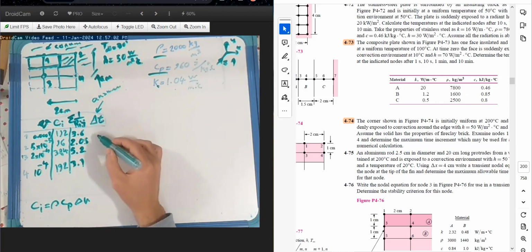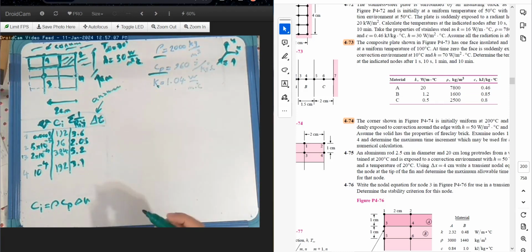I should find the answer between these four numbers: 1, 2, 3, 4. And what was the formula of delta T? As I wrote it before, delta T must be smaller than or equal to Ci divided by sigma over Rij.